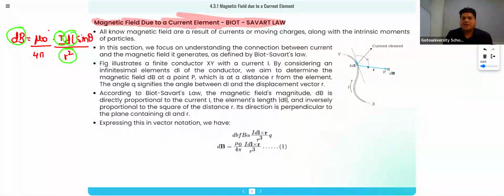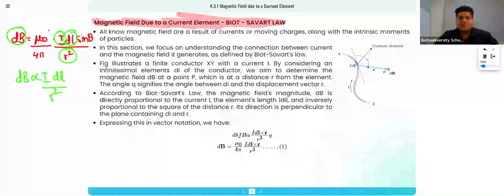Just remember the statement: magnetic field is directly proportional to current, directly proportional to elemental length, and inversely proportional to r square.